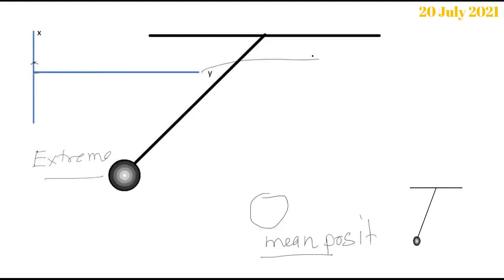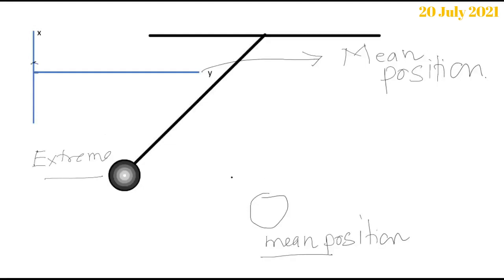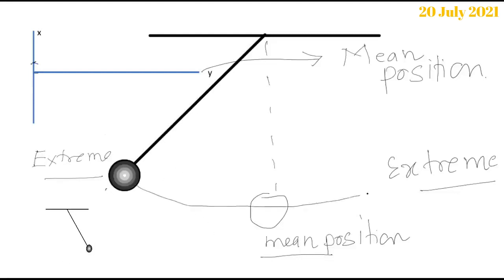So the y-axis is the mean position. Right? So when it goes to either side extreme positions, it has to pass through the mean position. So if you take from here then it has to go to one extreme position. Already once it has crossed the mean position here, and then it comes back. It is again crossing this mean position. That is called one vibration. We have already studied it.